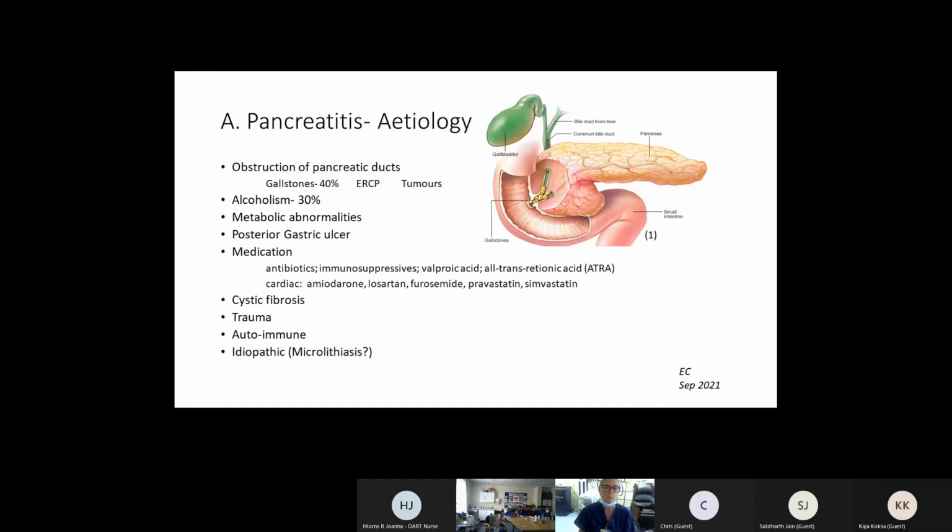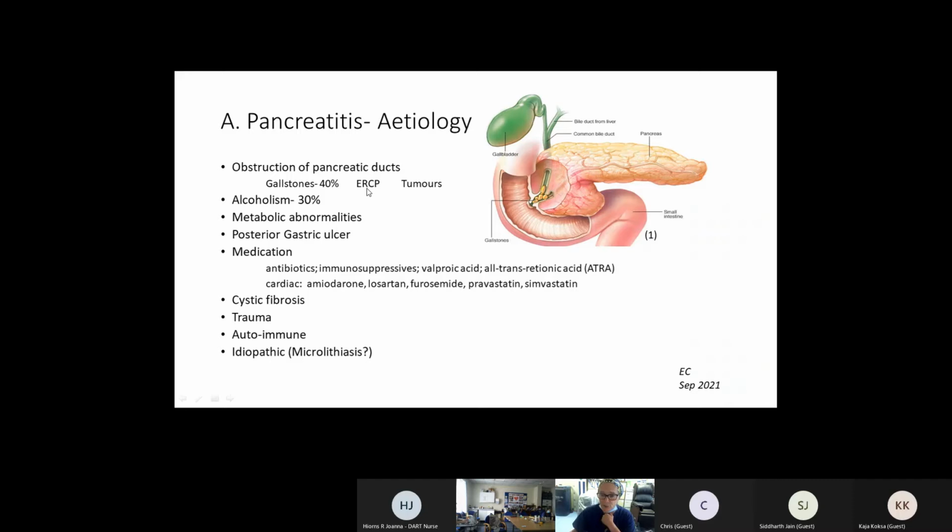Now, why do we have pancreatitis? Why do we have acute pancreatitis? Most of the time it's because of obstruction. Somewhere the pancreatic ducts become obstructed, most of the time because of gallstones, sometimes because of masses like tumors, and some other times it's even iatrogenic.